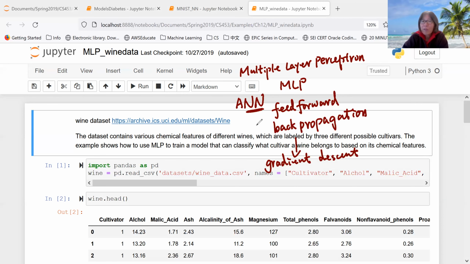Okay, so that's a major difference between multi-layer perceptron and the previous that we learned, just a single layer ones. Okay, at that time we just have feed forward, we don't have back propagation. Okay, and here it's use of back propagation.